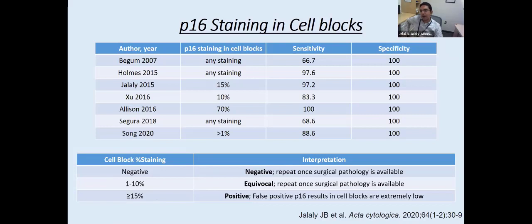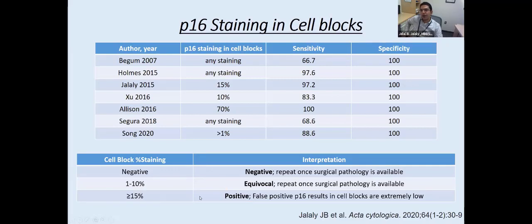However, there are studies out there that show that if you lower it too much, you may end up increasing your false positivity rate, and therefore it's still recommended that you would repeat staining if it's between 1 and 10%, and report those as equivocal.